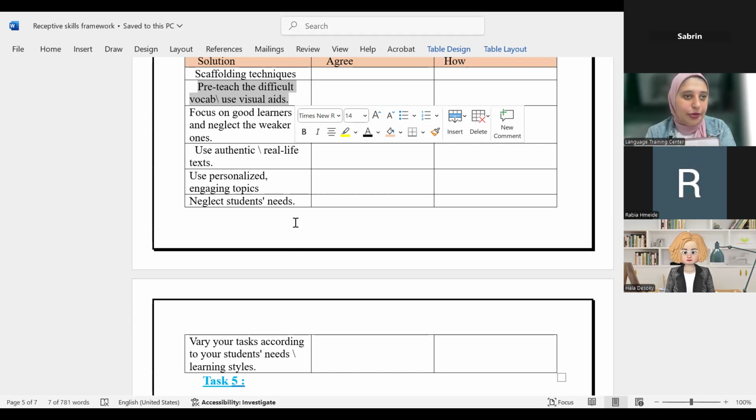Number 3. What about number 3, my friends? I agree with it. So you need to vary your questions or your techniques according to your students' level. I agree with that. So what about number 4? Use authentic real life texts.